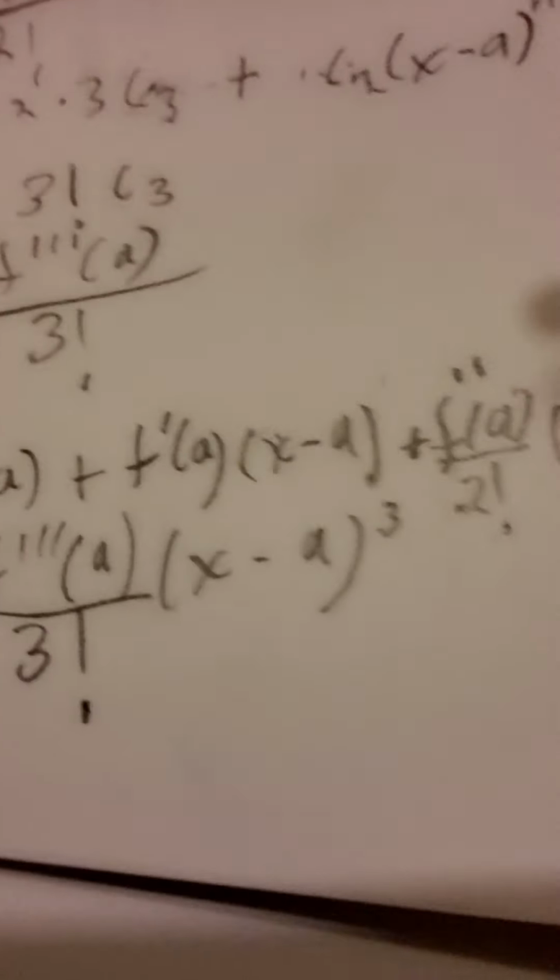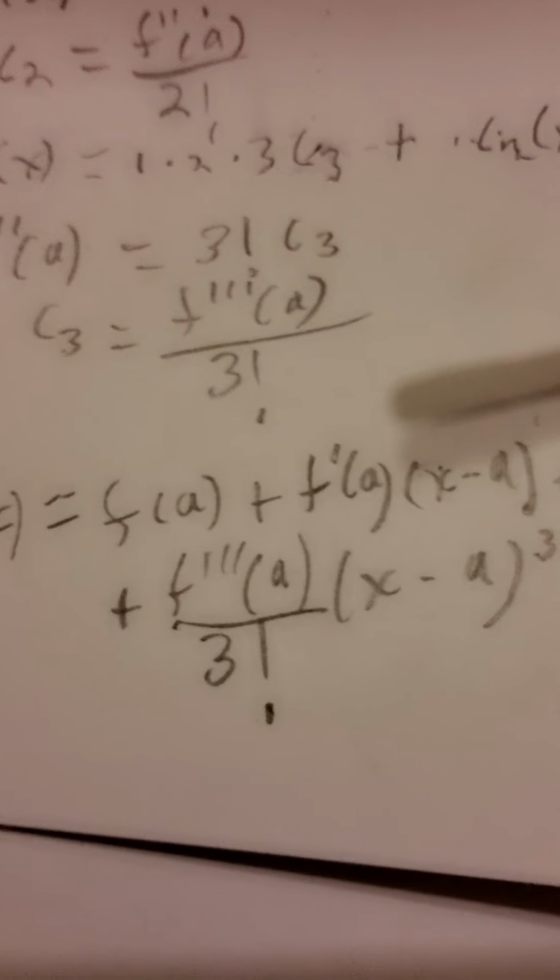How do you turn it into a Taylor series? Well, you just set a equal to 0. If a is equal to 0, then you have what is called the Taylor series.